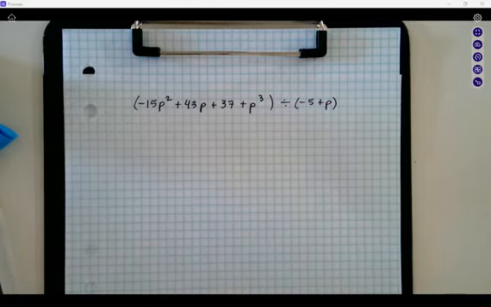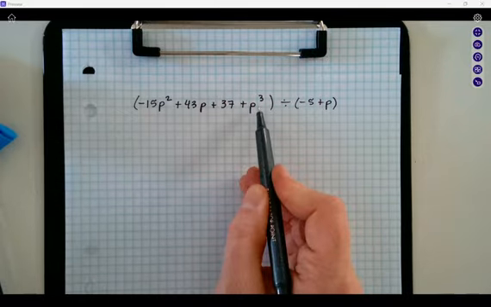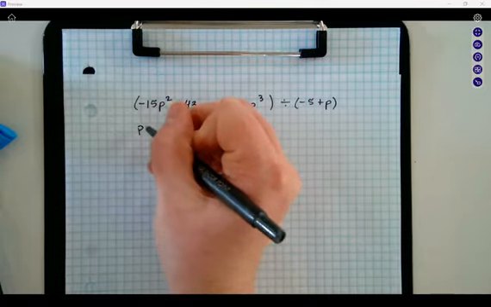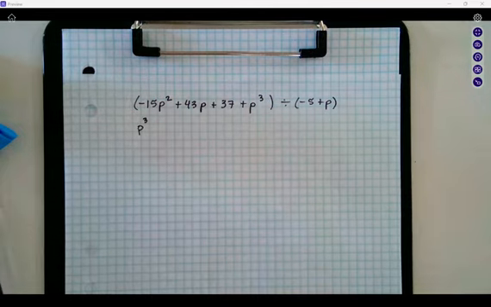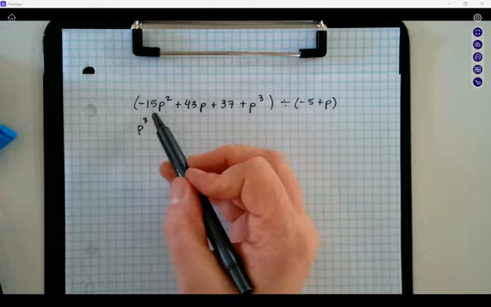Just looking at both of these parts of our division problem, I see that they're both scrambled and out of order. My dividend has a degree of 3. That's that highest exponent value. So I'm going to write down p cubed first. And then I'm going to look for a quadratic term. The quadratic term is raised to the power of 2, so we have negative 15p squared.